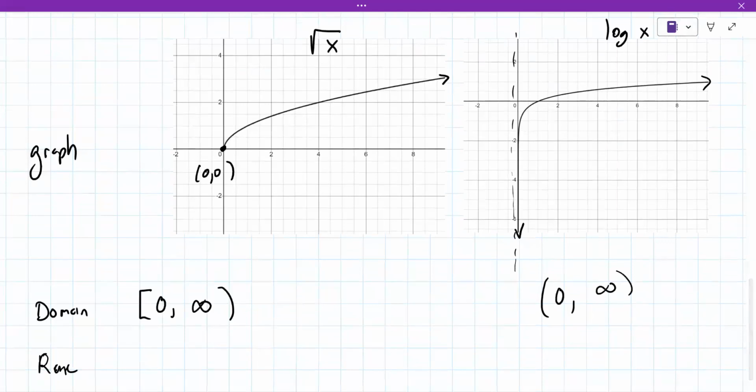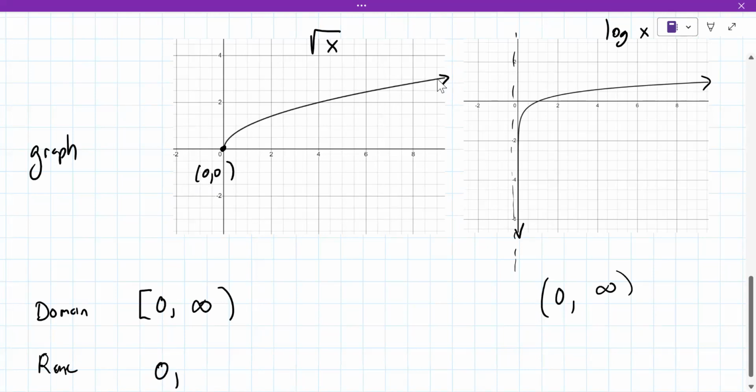Range here. So for the square root on the left, what's the smallest y value that you see? For the range for the first graph, the smallest y value is 0. And then it isn't really clear, but this actually goes up forever, even though it looks like it's going more to the right. It actually continues up forever.